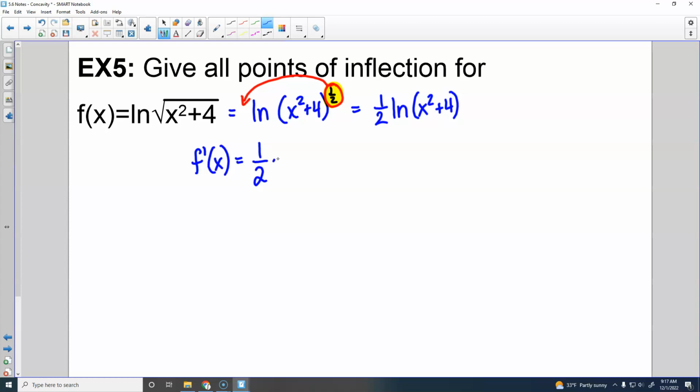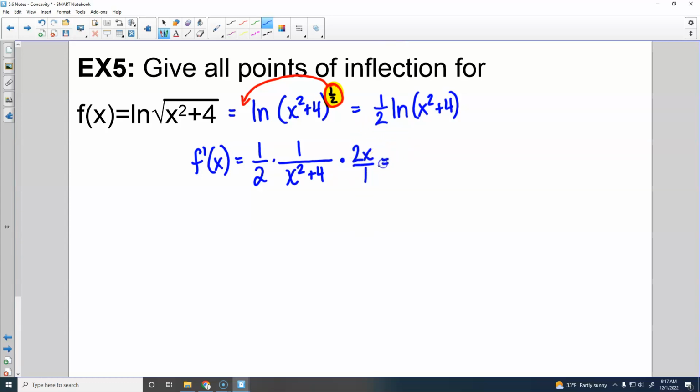How do I do derivative of a natural log? 1 over whatever is on the inside, so that's x squared plus 4, times, we got to do chain rule here, so I'd multiply that by the derivative of x squared plus 4. What is that? 2x. It's like a 2x over 1.